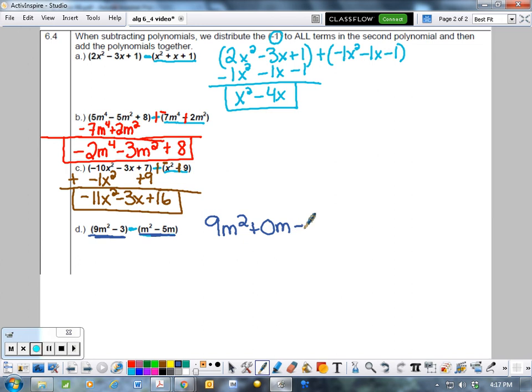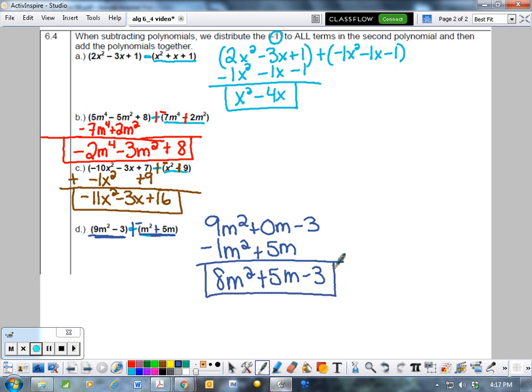It's a good idea to get in the habit of taking an extra step so you don't make a mistake. So now I'm going to add a line, and I'm going to distribute that negative inside. So now I have -1m squared plus 5m. Now everything lines up, and I can combine my like terms. So 8m squared plus 5m and minus 3. And that's it.